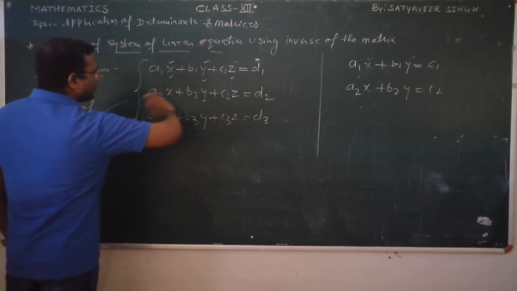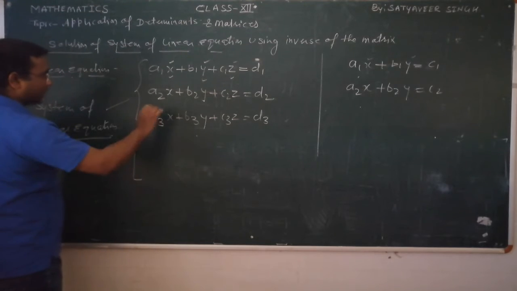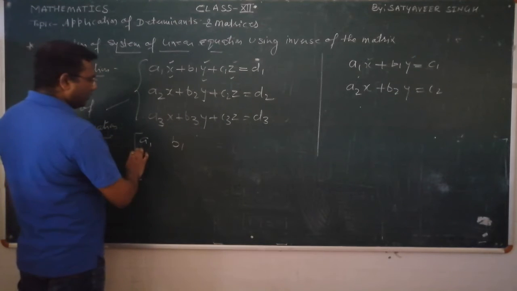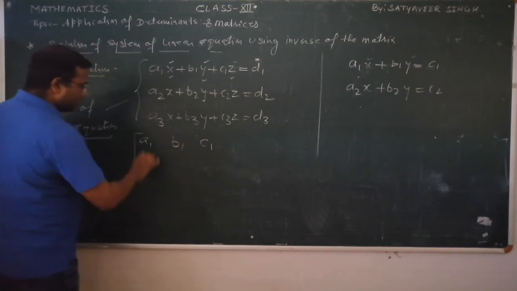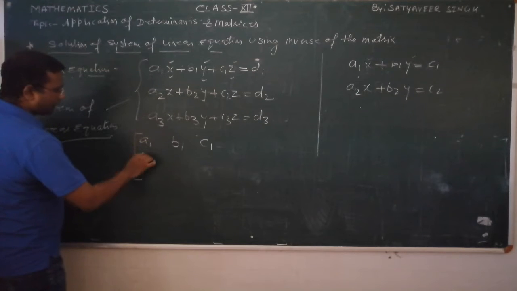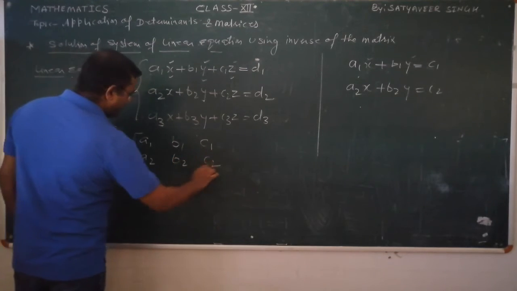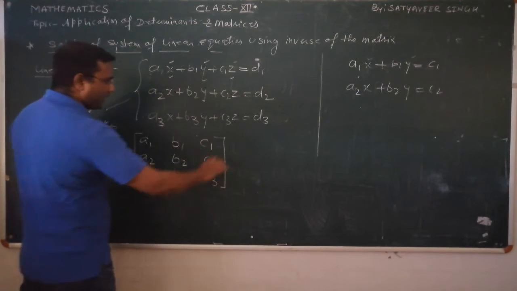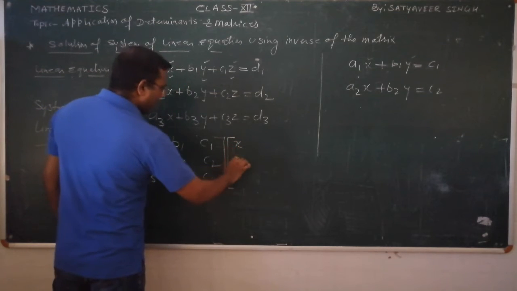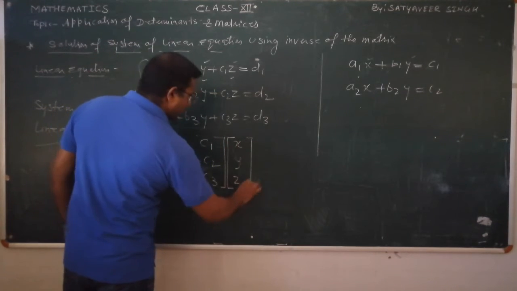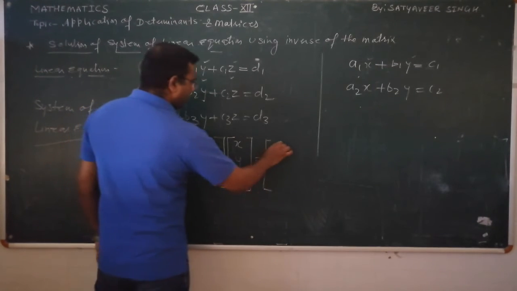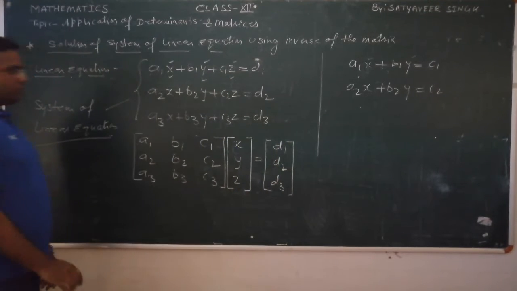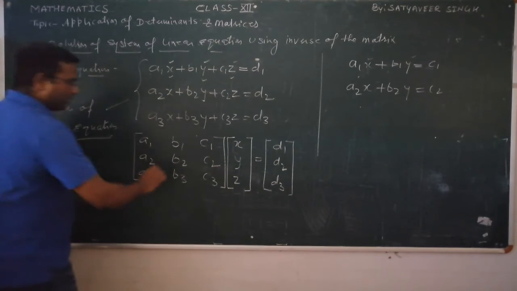We can write the system of equations in the form of a matrix. We write a1, b1, c1, a2, b2, c2, a3, b3, c3 as the elements of our matrix, at the same time the variables x, y, z, and the constants d1, d2 and d3. So we can write the system in this form.